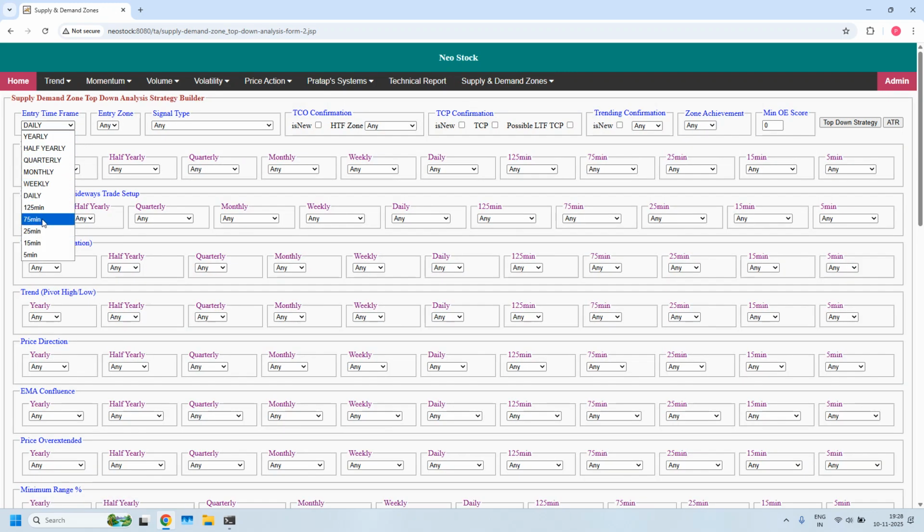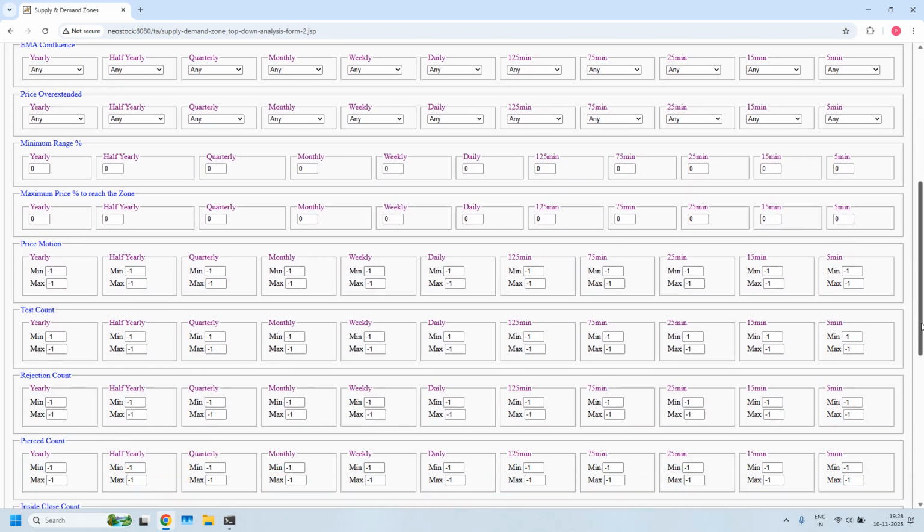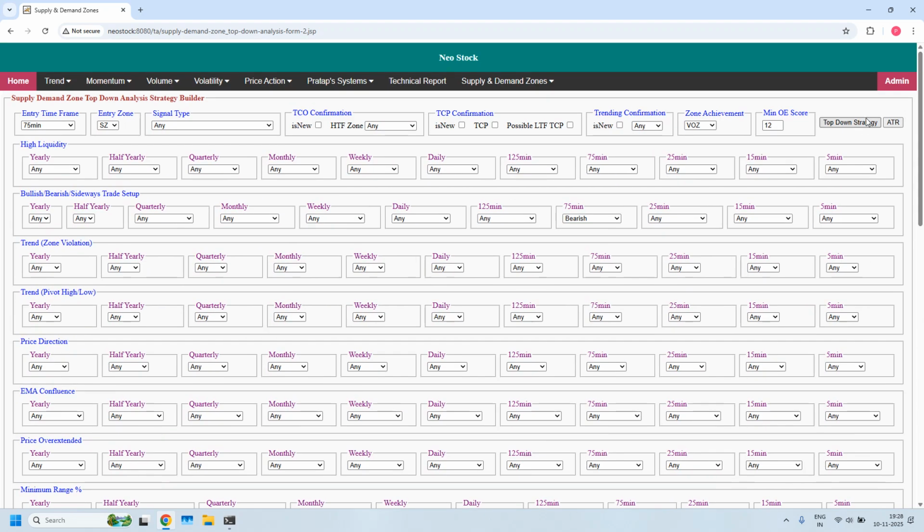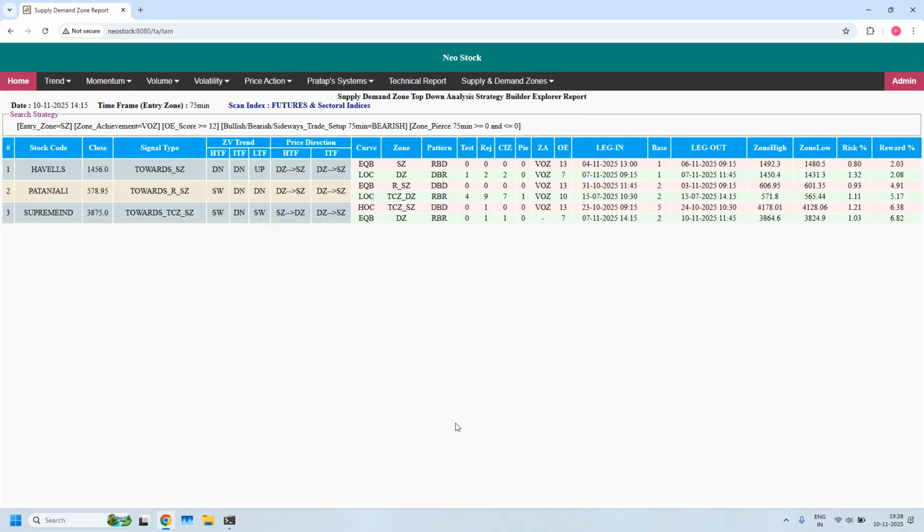Next bearish trade setup weekly, 75 minutes supply zone, bearish, pierced count, so we got 3 stocks.